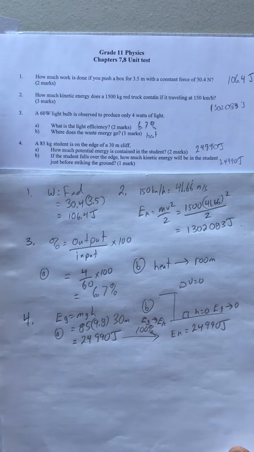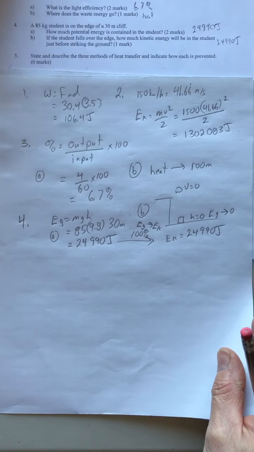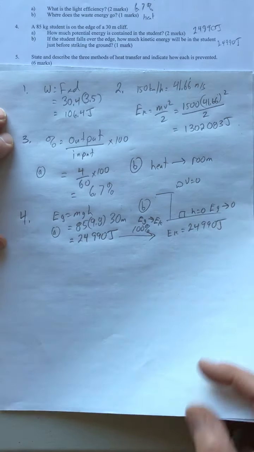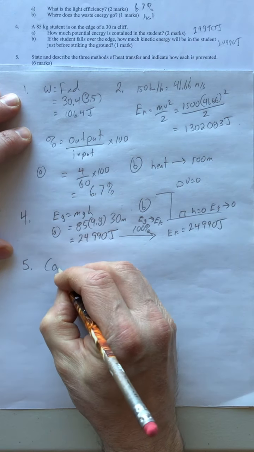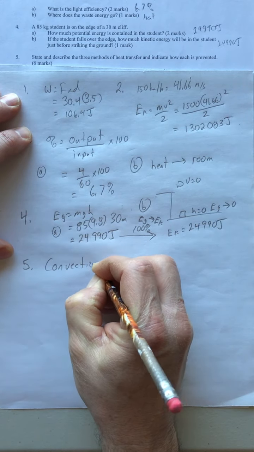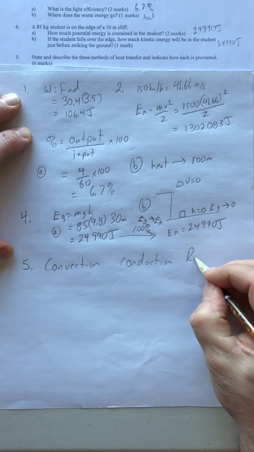Okay, let's take a look at number 5. Number 5 says, state how you can transfer energy. So there's convection, conduction, and radiation.